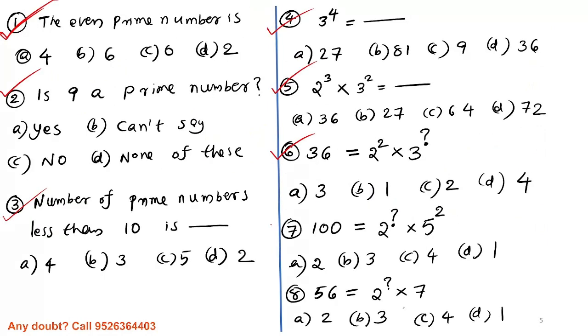Try this 7th question. I will wait for 30 seconds. You write the answer in your notebook. If the answer is A, 7A. Then open the link and submit it.